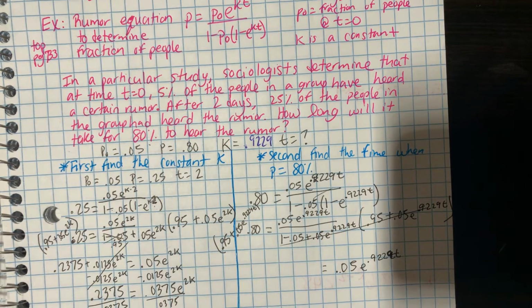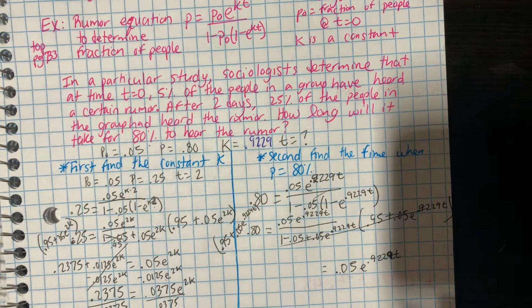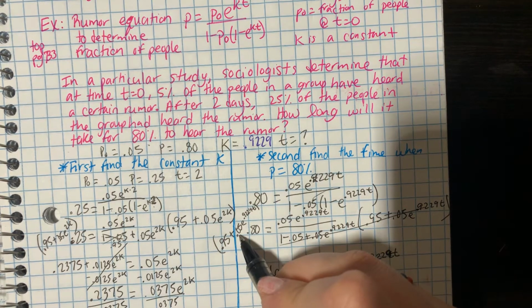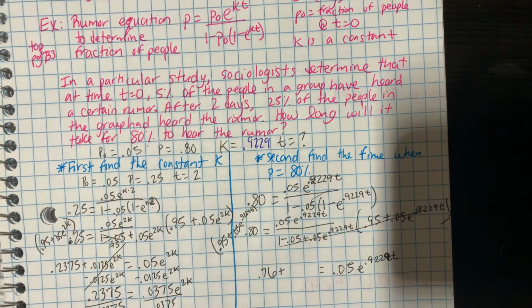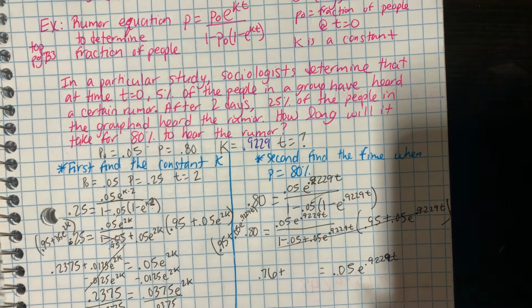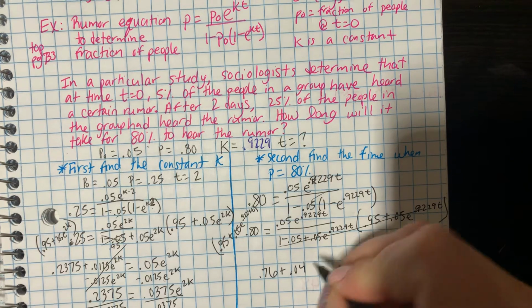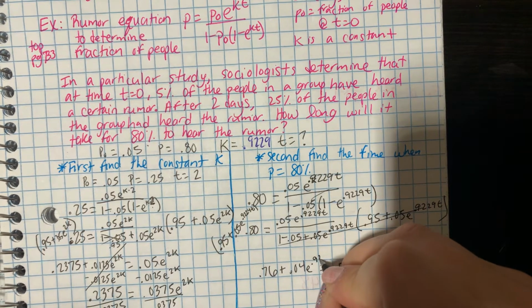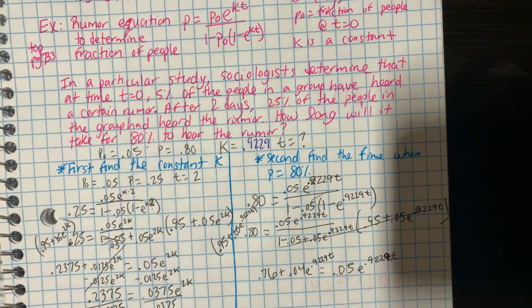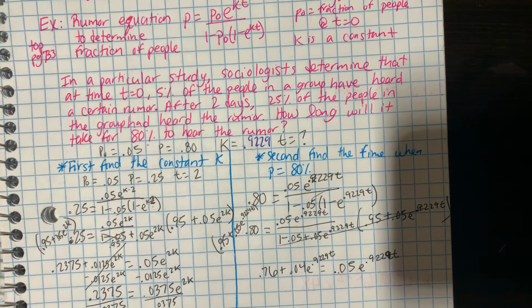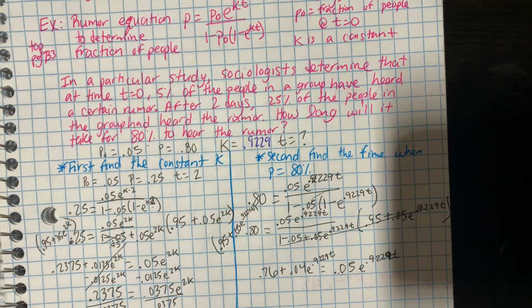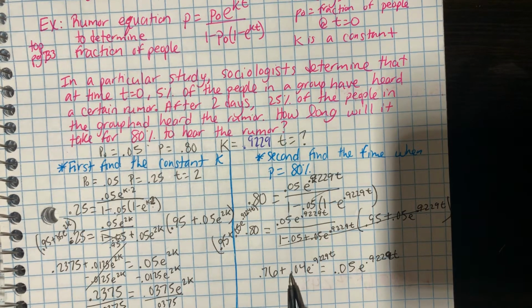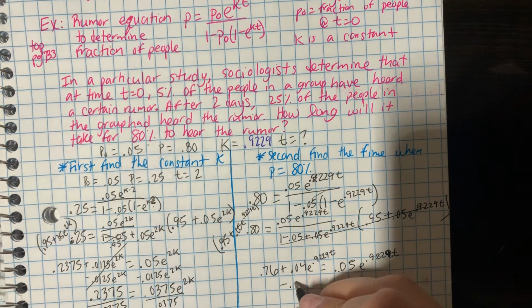0.8. So we will have 0.76 plus 0.05 times 0.8, 0.04 e to the 0.9229t. We have this same thing on both sides, so let's subtract it.